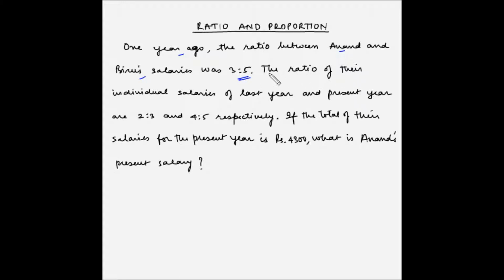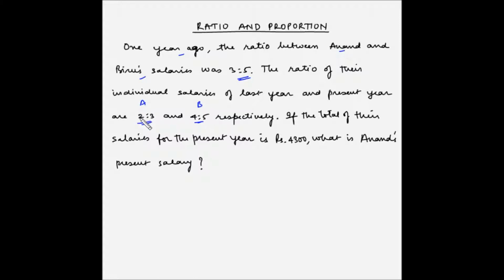The ratio of their individual salaries of last year and present year are 2:3 and 4:5 respectively. So basically this is for Anand and this is for Biru.